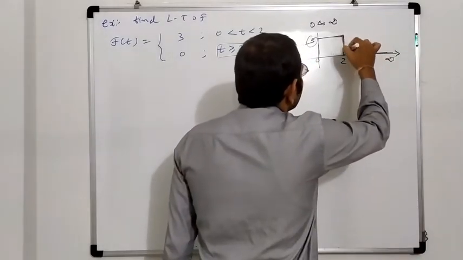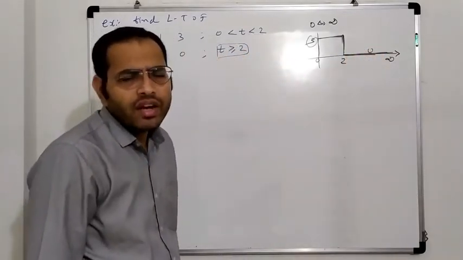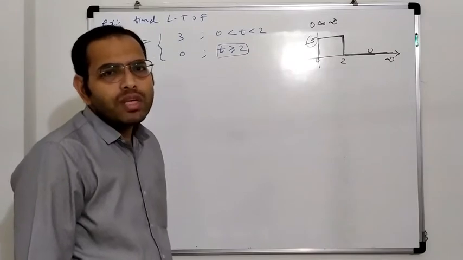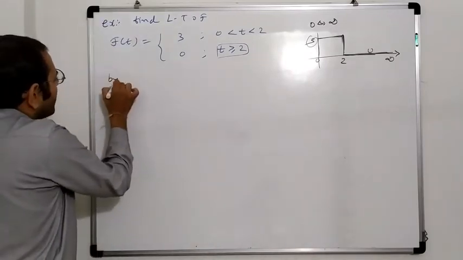Since the function is divided like this, our function is a piecewise continuous function.